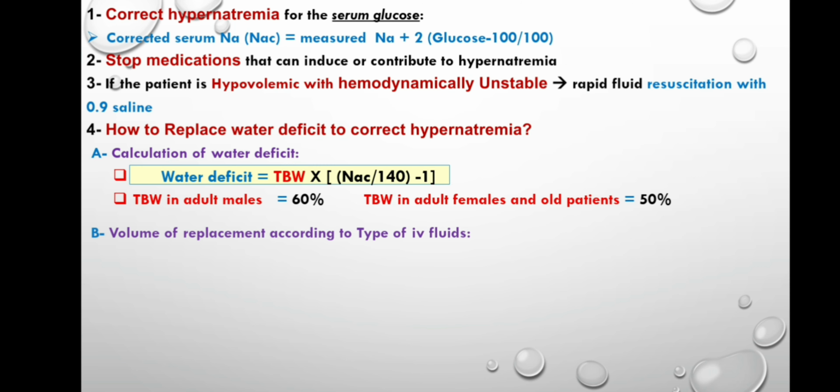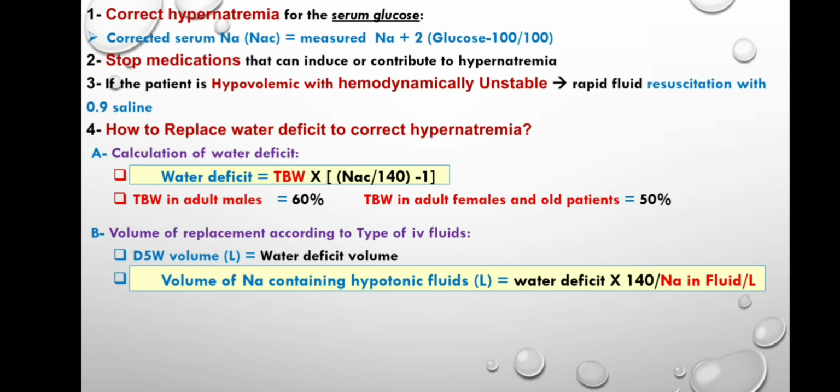Then after calculating water deficit, calculate the volume of replacement according to the type of IV fluid. What I mean, if you are using D5 water, give the calculated water deficit volume. For example, if the water deficit you calculated is 7 liters, the patient needs these 7 liters by D5 water.